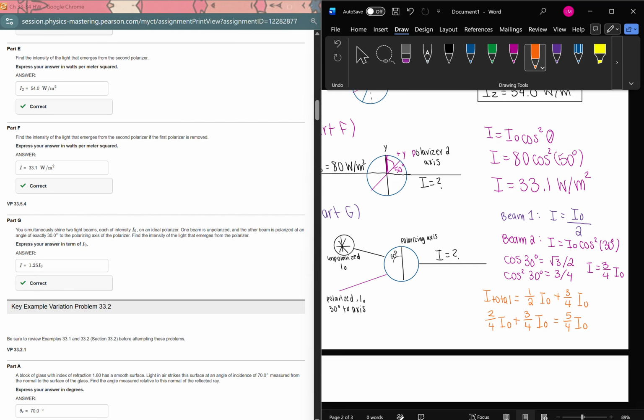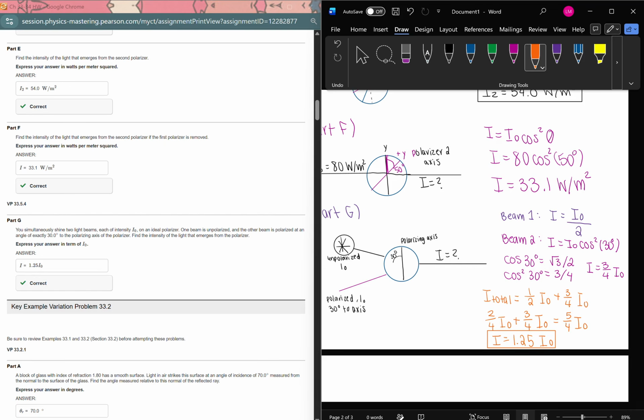If you make that a decimal, the total I equals 1.25 I. So the total intensity emerging from the polarizer is 1.25 times the original intensity, because the transmitted intensities from the two independent beams add together.